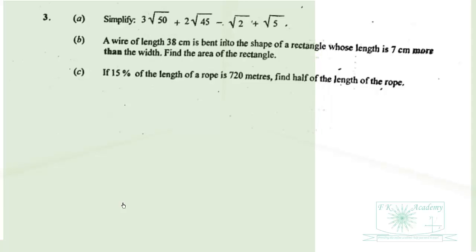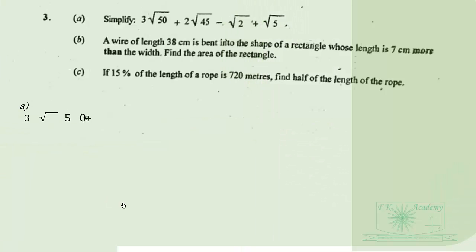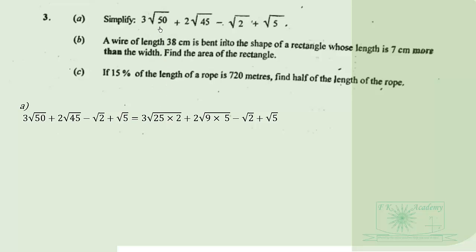Good. So question number 3, we have to simplify 3 root 50 plus 2 root 45 minus root 2 plus root 5. So that is the first thing we are going to do. We recognize that 50 is the same as 25 times 2, and 45 is the same as 5 times 9.